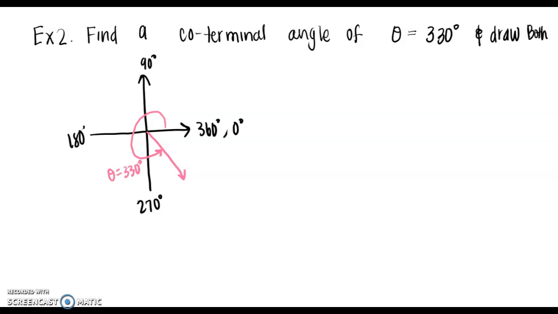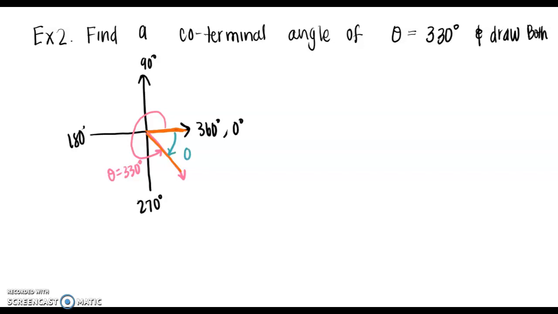So the coterminal angle, they have to share the initial side. So by the way, the initial side is this one right here. That will always be the initial side of any angle. And they have to share the terminal side, which is this one. So another angle could be this right here. They share the initial side and terminal side.